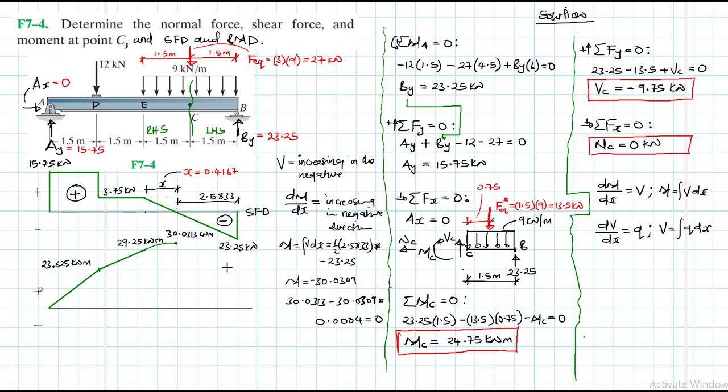So like we said, the slope is going to be increasing in the negative direction. We expect the slope to be quadratic. But let me just ask you: we say the slope will be increasing in the negative direction. Which of the two curves can we use?